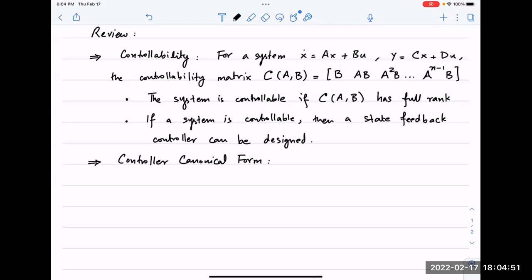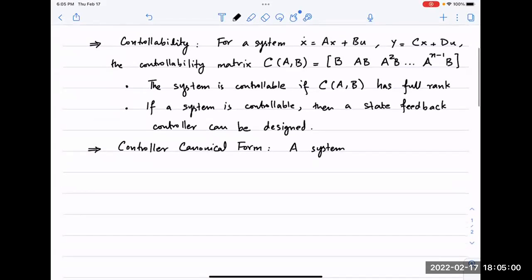So what is a controllable or controller canonical form? It is a special form of the matrices A and B that puts the system in a canonical form.